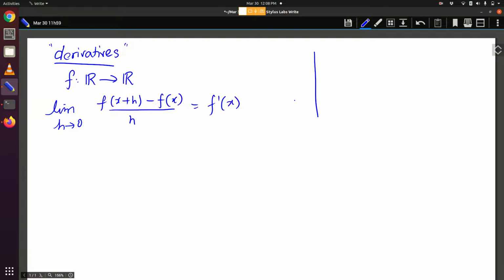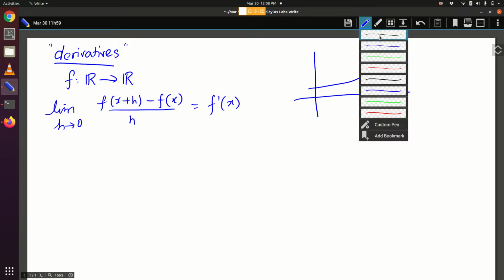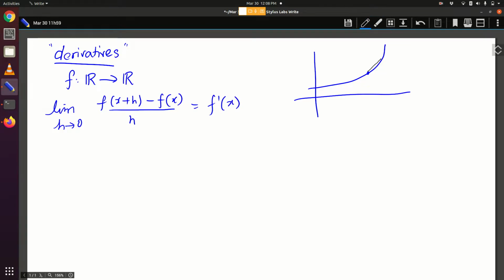The idea is, you have a function and you are trying to approximate that function via a line. Let me try to draw it very clearly.